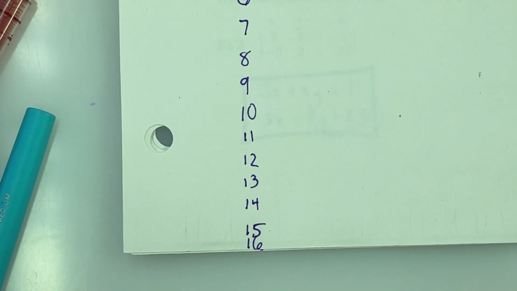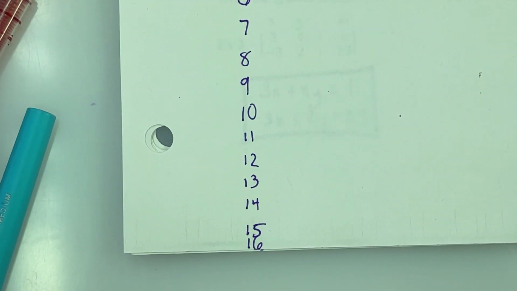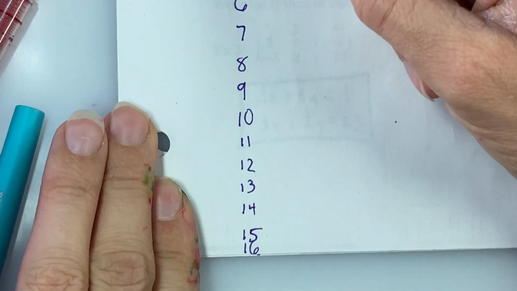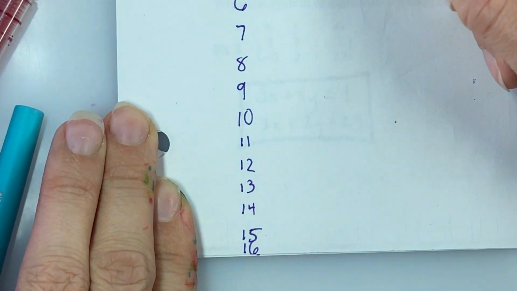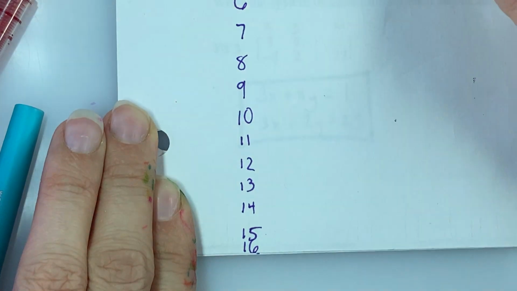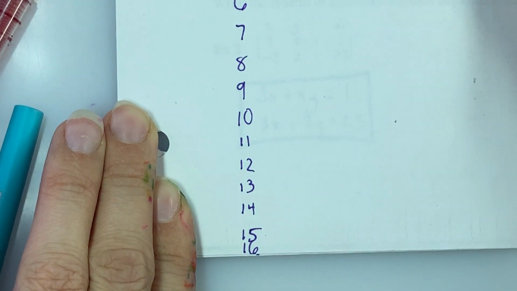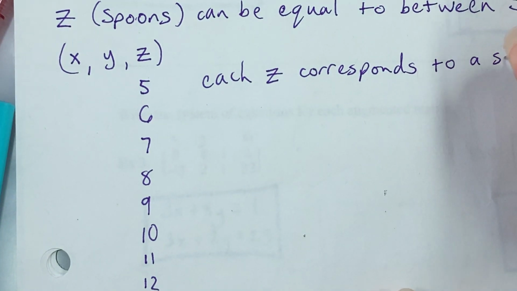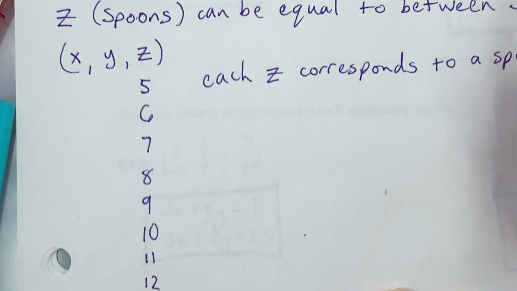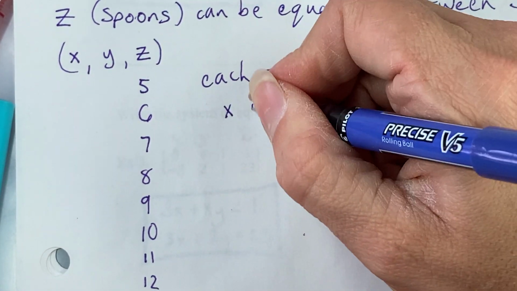And then I could find the corresponding amount of knives and forks, or X's and Y's, that go with our possibilities for Z. So each Z corresponds to a specific X and Y.